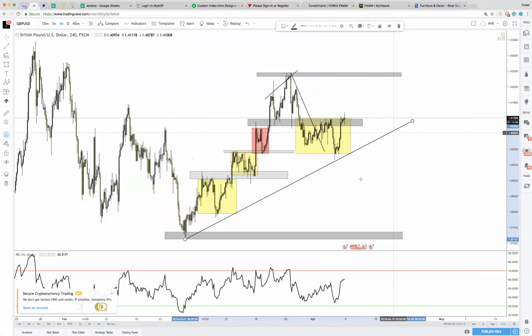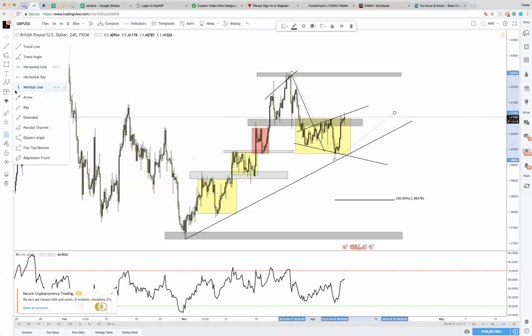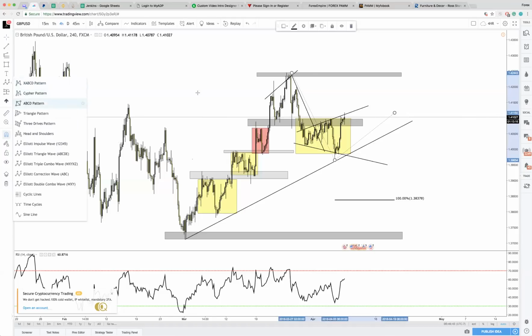Once you see a breakout, you can sell it, or you can still choose to sell it right here. That's a nice wedge right here. So you can expect the same, the 1-to-1, the 100% retracement right about here. So ABCD.